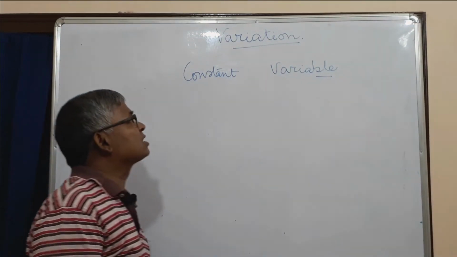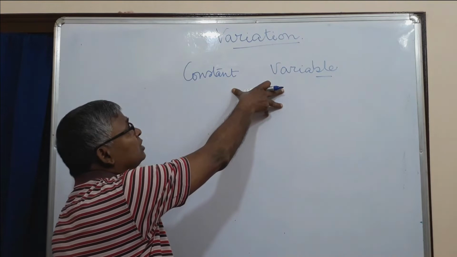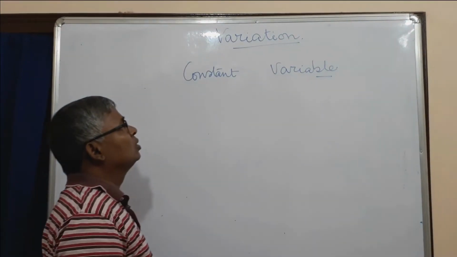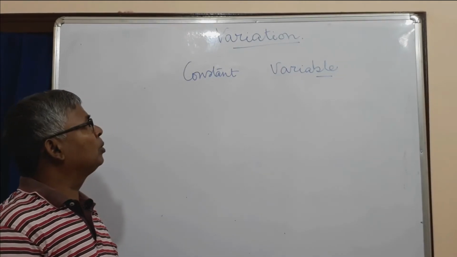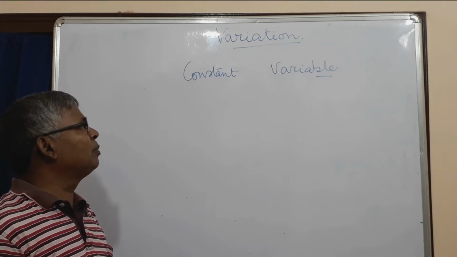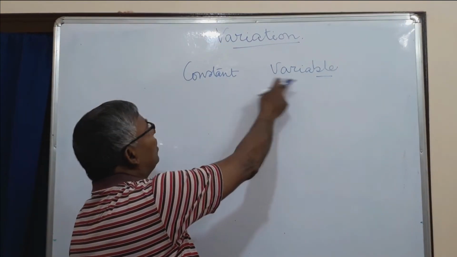For the beginners, these two definitions are very much required. This is very much important. So students of class 5, 6 or elementary level, basic level, they must know what is variable and what is constant.